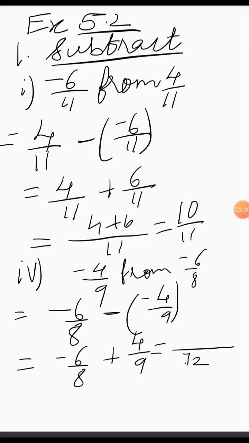Now see, here 8 is there, so by what will you multiply? By 9. So here also by 9. 9 6s are 54, directly we will write 54, and plus 8 4s are 32.